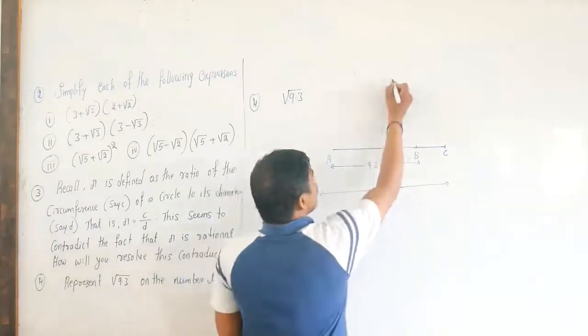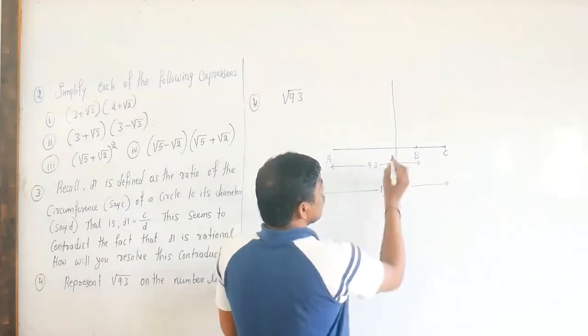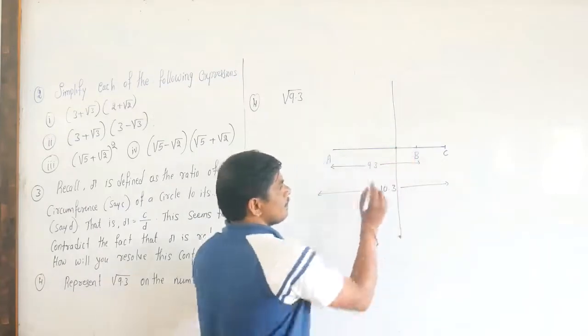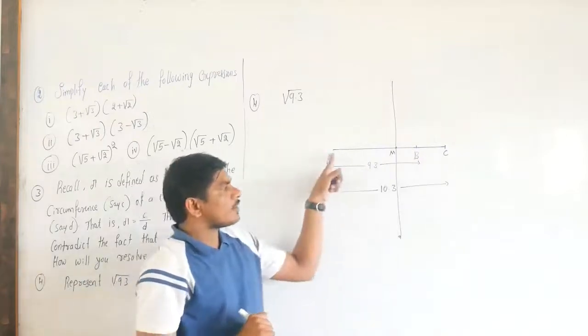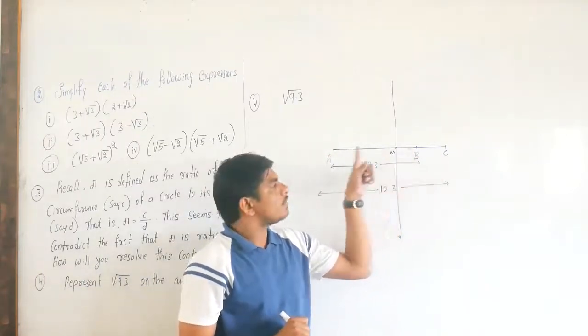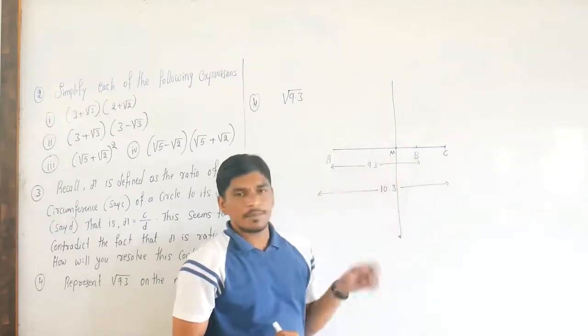Then you join both the points, and AC is bisected. We consider this midpoint as M.